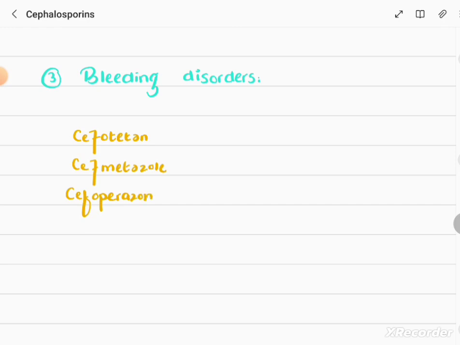All these drugs have the potential to cause hypoprothrombinemia, and they can cause bleeding in patients who are taking these drugs. So, what can we do? We can give these drugs, and along with them, we can give vitamin K to these patients. Vitamin K will actually prevent the bleeding disorders that are caused by these drugs. So, we'll give vitamin K twice weekly in order to prevent this adverse effect of the cephalosporins.